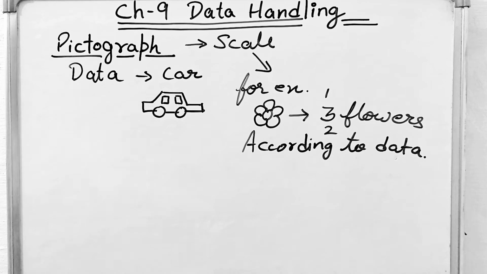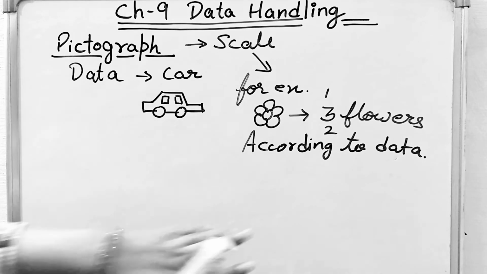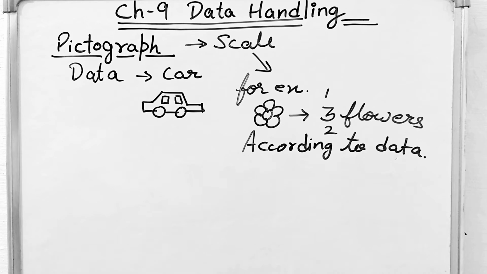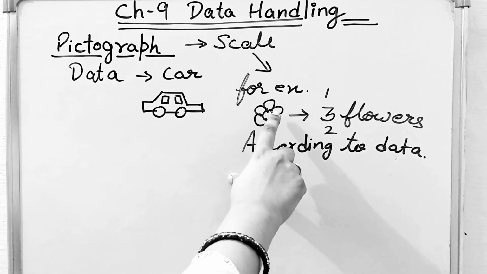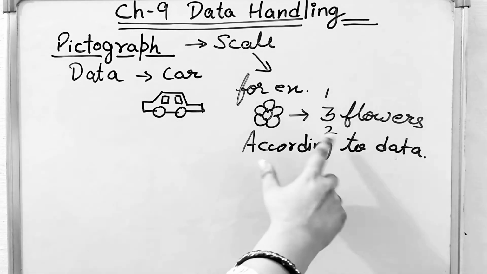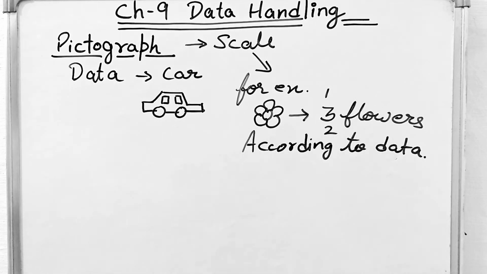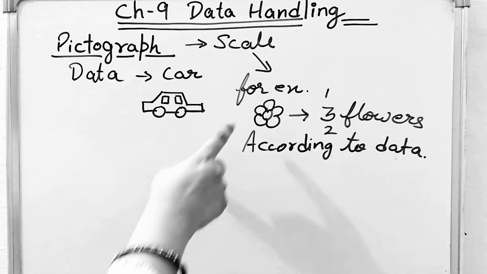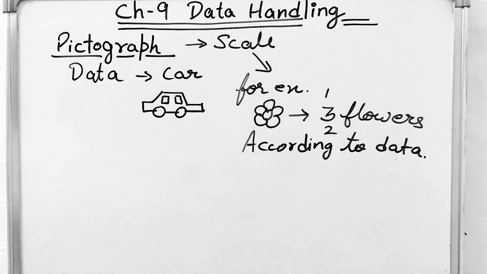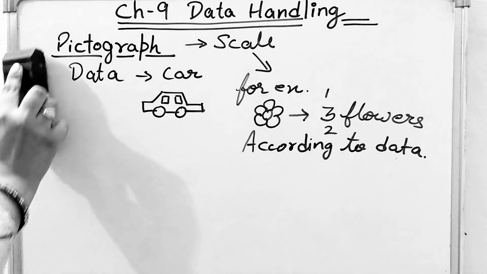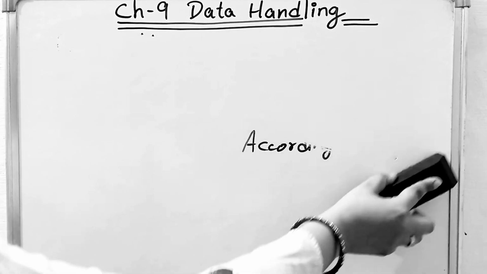That depends upon the data. If the data is in large numbers, then you will take one symbol representing more number of objects, and if data is smaller, then you can simply take one symbol representing one object. This will become more clear with the help of some questions.